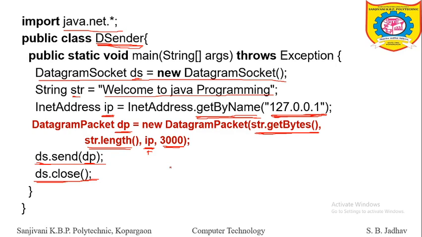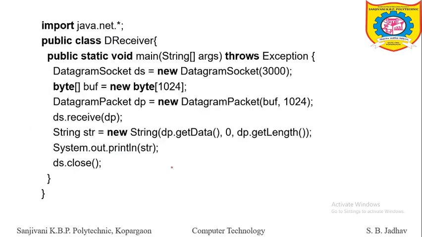In order to receive the packets we need to write another program that is shown in this slide. Here again in this program we have used java.net package and our class name is dReceiver. So whatever data is sent by the dSender program, that will be received by this dReceiver program, and both of these programs are running on the same machine.